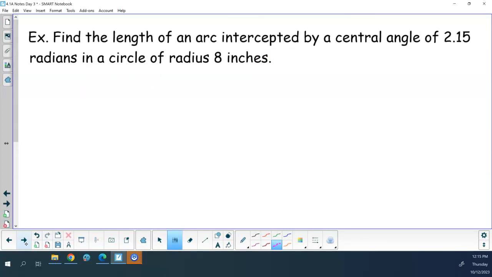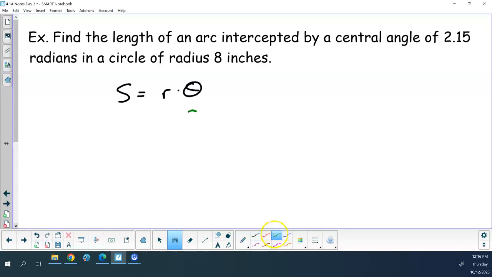Try that one. Central angle of 2.15 radians. Is that good for this formula? Or do I need to convert? Good, because it's in radians.